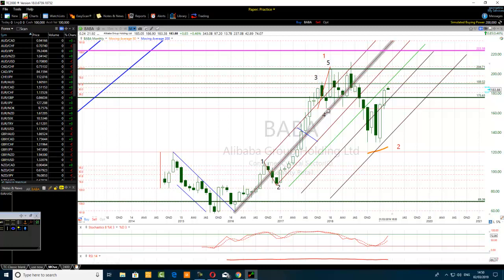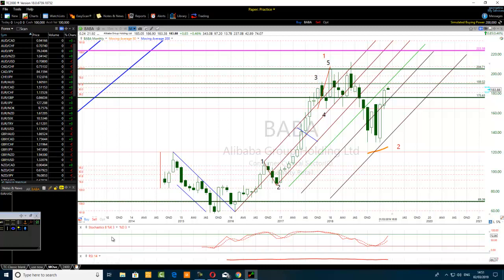Now, the price move that we see here all the way up, that is subdivided into 5, we will call an irregular fast wave or an irregular multi-wave or an irregular impulse wave.